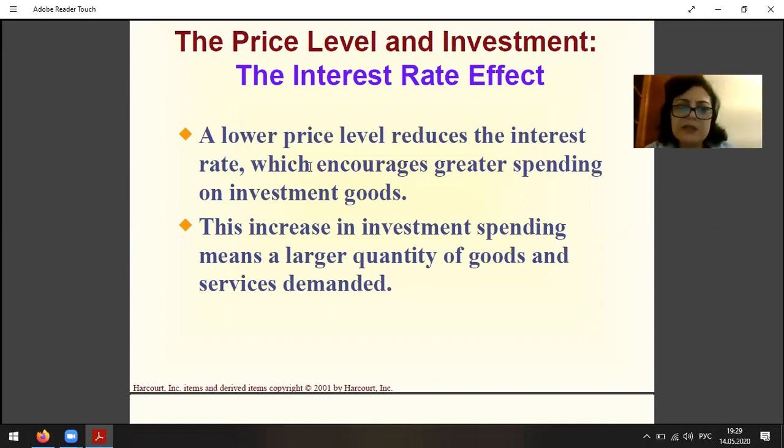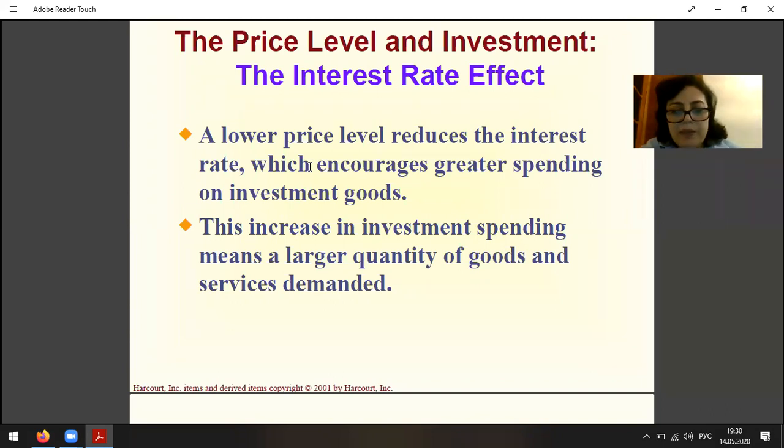And this in turn encourages more spending, not only on consumer goods, but on investment goods as well. Because not only consumers spend their money, but entrepreneurs and firms also behave like consumers, and they spend their money on investment goods. They may decide to buy new technical tools, different equipment, machinery, etc.